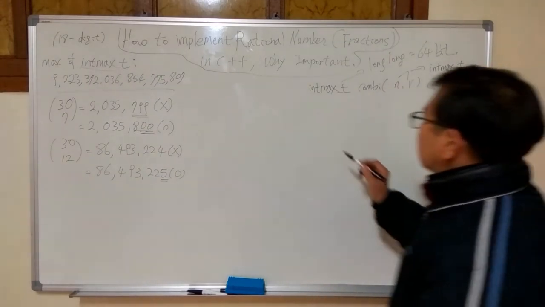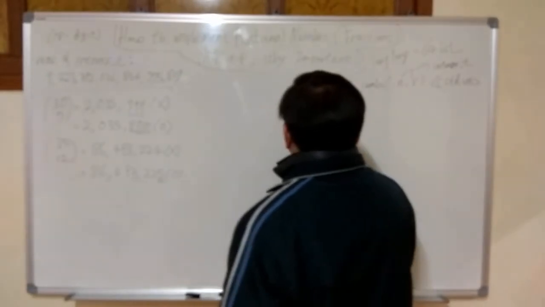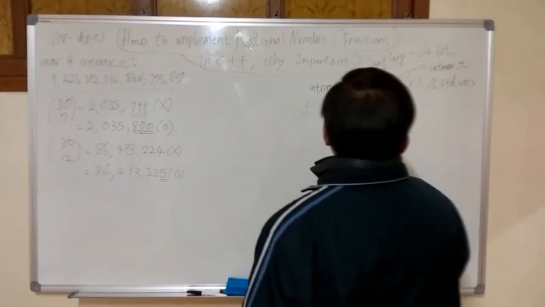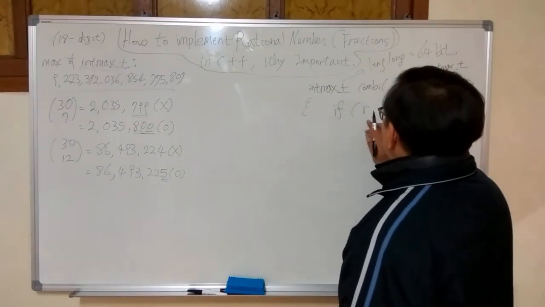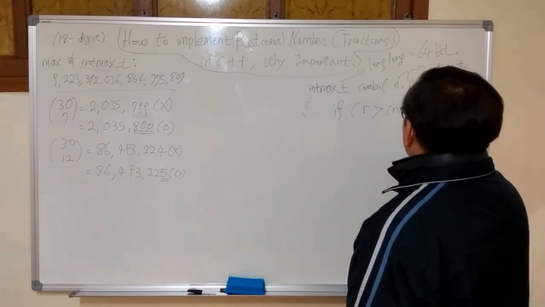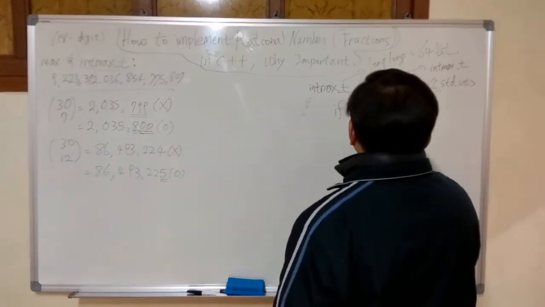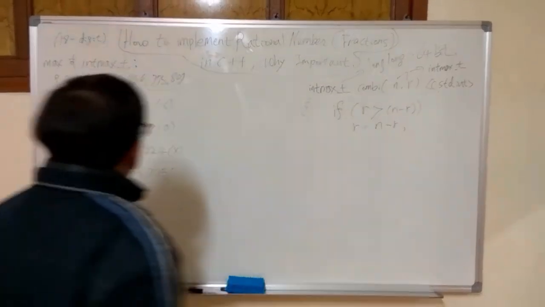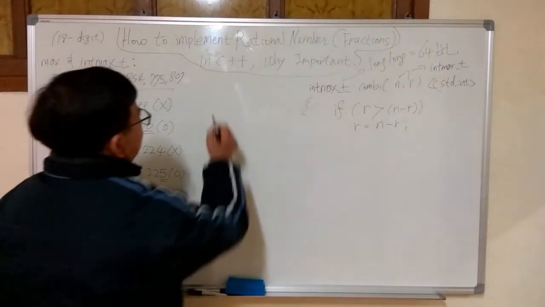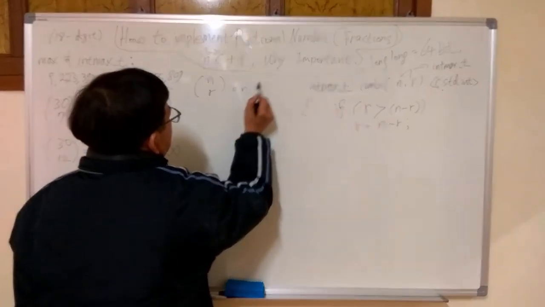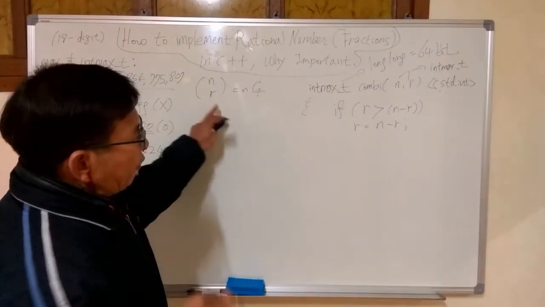Here I will make a very simple code like this. If r is greater than n minus r, for example, then I would set r to n minus r. Then we are going to compute nCr.